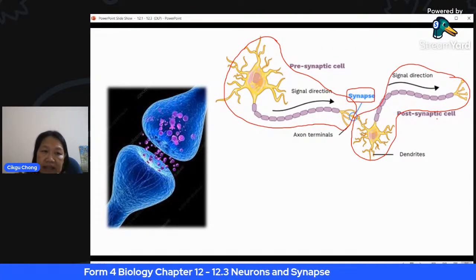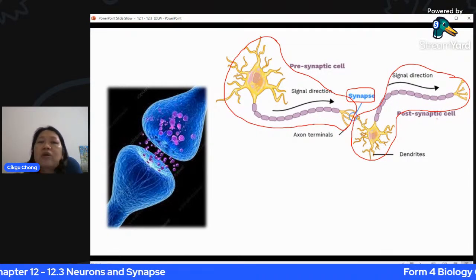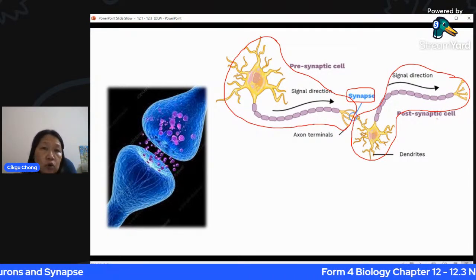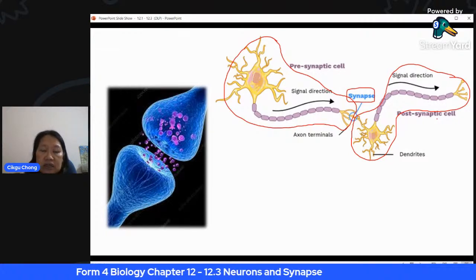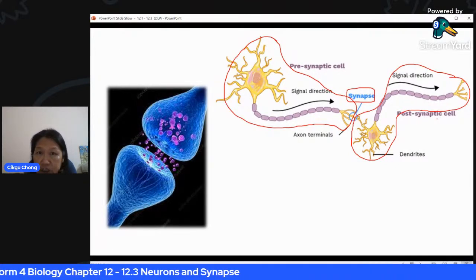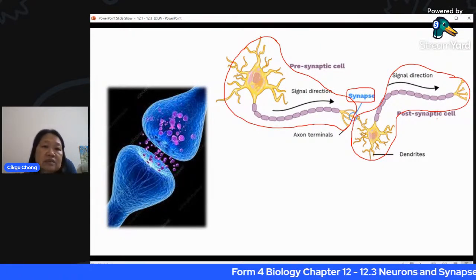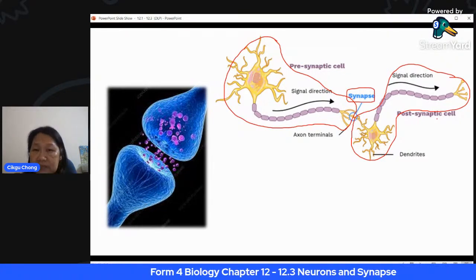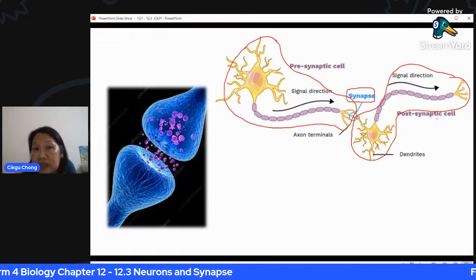The gap between the synapse is very small, about 20 nanometers. It's not physically touching, but it is not a problem, because the message will get passed over somehow. We'll see in the next part of the lesson how this message passes through the gap.